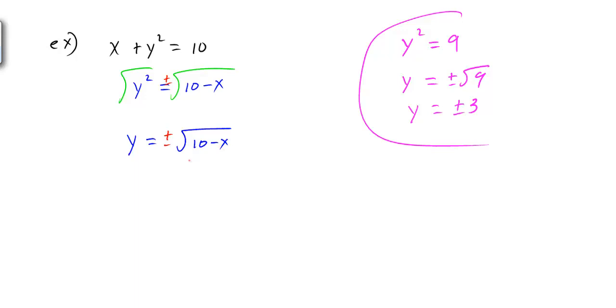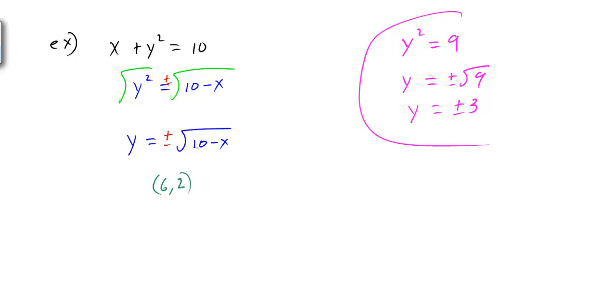So what does that tell us? That tells us that one x value is going to give us two y values, one positive and one negative. For example, if we let x equal 6, then 10 minus 6 is 4, and the square root of 4 is 2, so we'd have a positive 2.